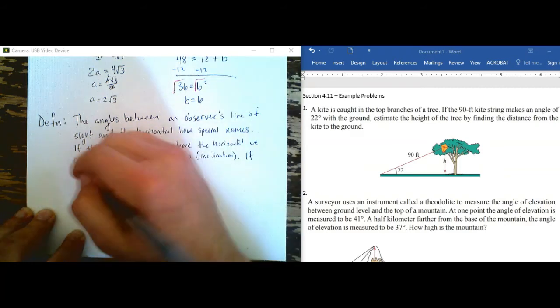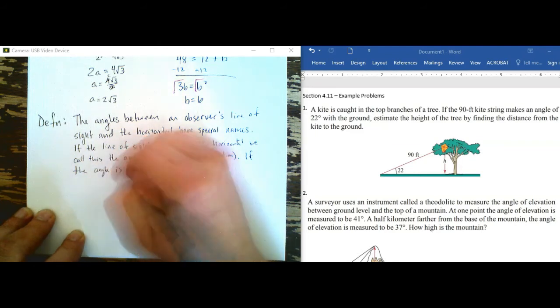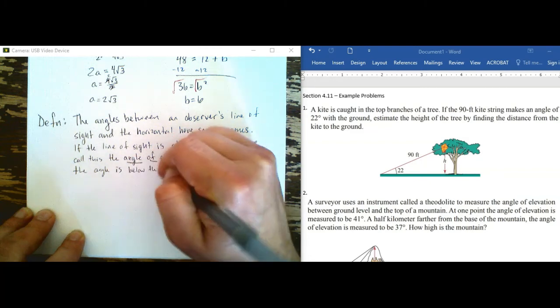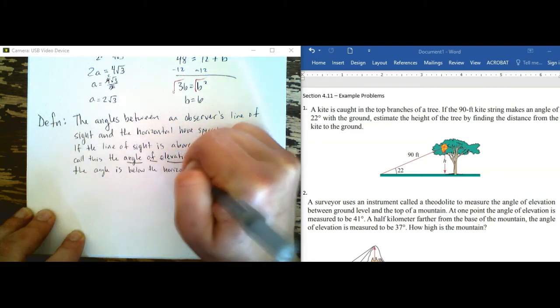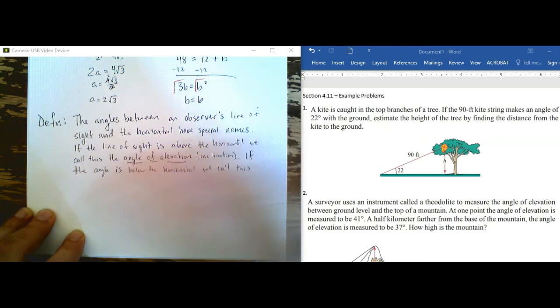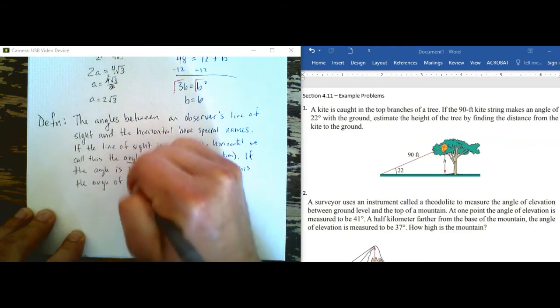If the angle is below the horizontal, we call this the angle of depression.